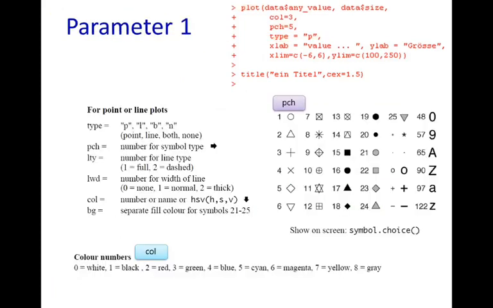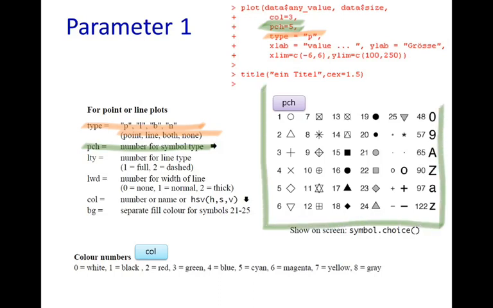This is already the overview. So we have the parameters for point or line plots. So there is the type, which is important here. Then we have the PCH, this is, as I said, the kind of symbol. It's here. And you have a whole chart describing what kind of number corresponds to what symbol.